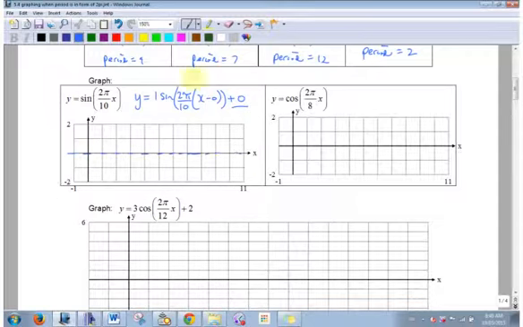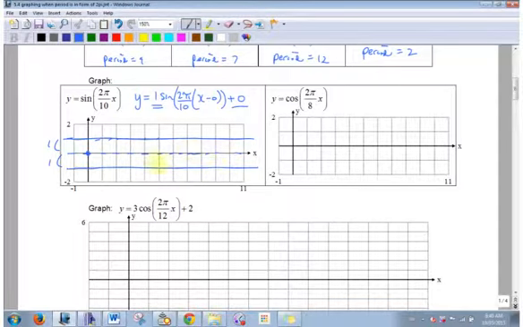Then you come over here and look at the amplitude. The amplitude is 1. So it goes up to there. Let's put a solid line. And it goes down to there. The amplitude, 1 unit from that middle line, we call the vertical displacement. Then we look at our period. This is a sine, so I know it starts there.